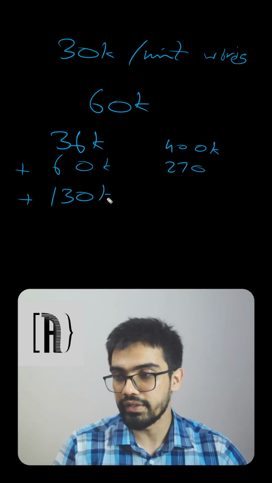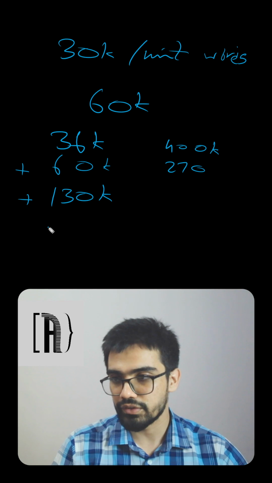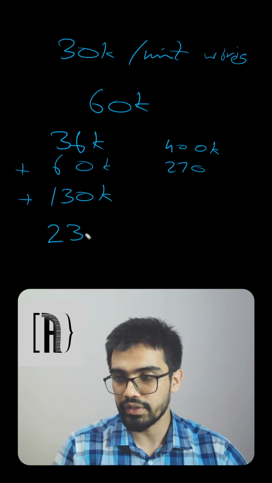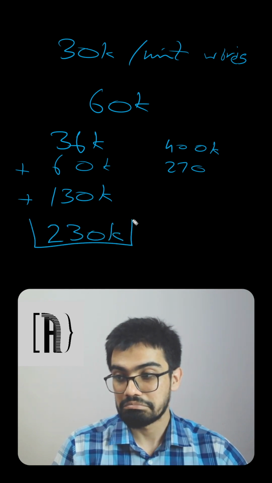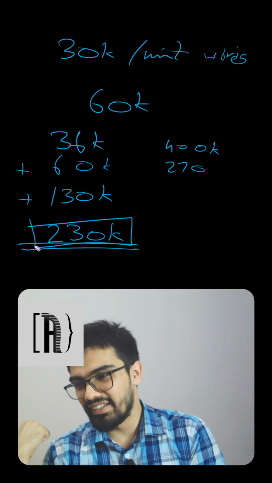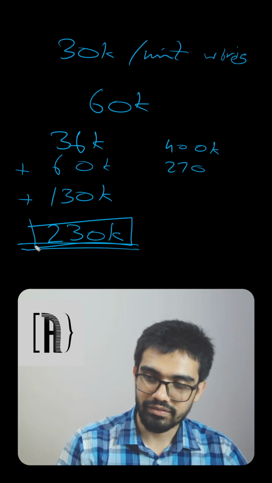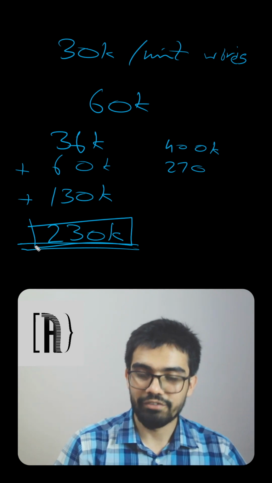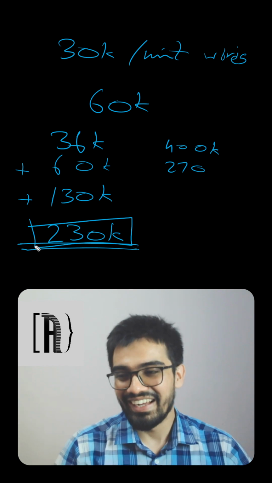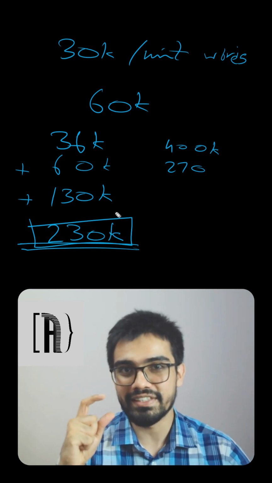So 130K, that makes it almost 230K. Wow. That's like half the architect's fee, or in many cases, the full architect's fee. That's more than half the architect's fee in just one of these elements.